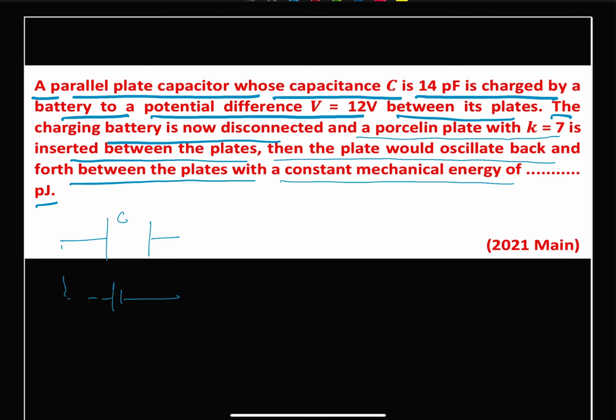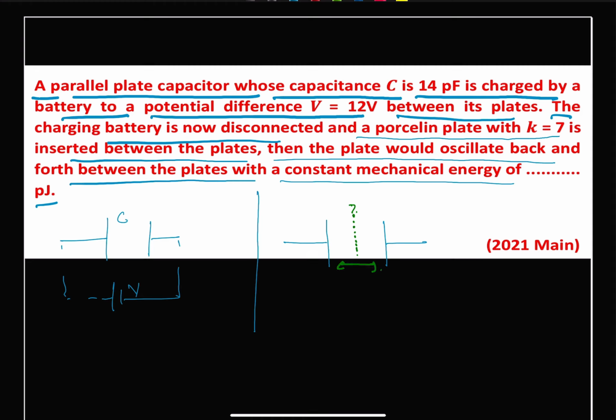Let us suppose that is our V. And when the battery is disconnected, a porcelain plate, its thickness is not mentioned, so we can assume that it is very thin, is inserted between the plates, and its dielectric constant is given as 7. And it says that it oscillates back and forth between the plates and the battery is removed.